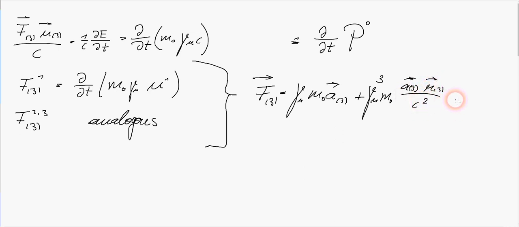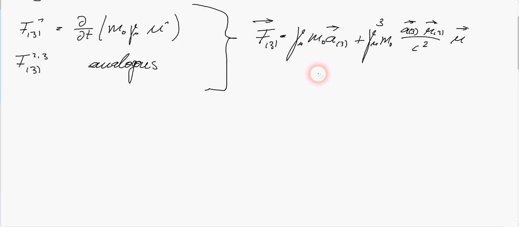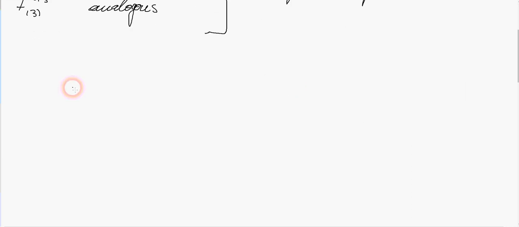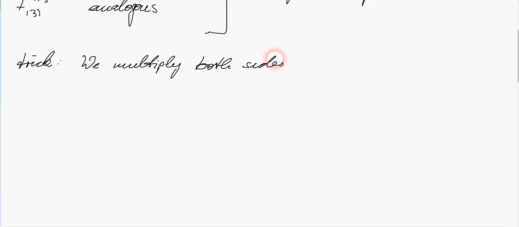Now we can apply a trick to get the proper time into play. We just multiply both sides of the equations with the factor γ_u. Why do we do that? Because we know that this is equal to the proper time derivative of the lab frame time.